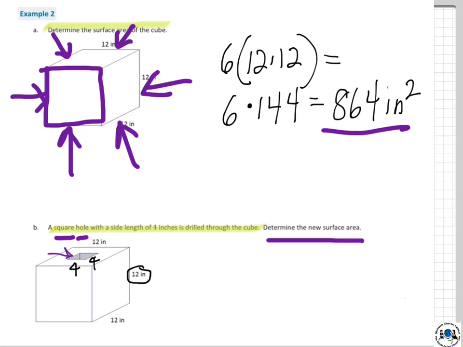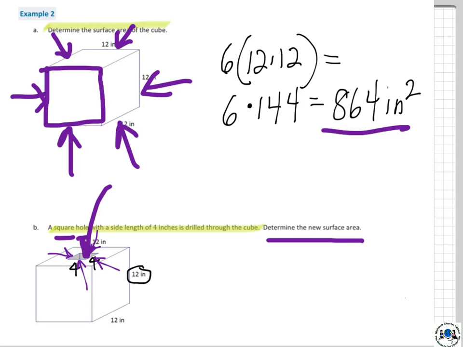All right, so we can see this 4 by 4 hole right there. Now, what we need to pay attention to is the fact that there are walls that are going to be made or created inside of this cube.